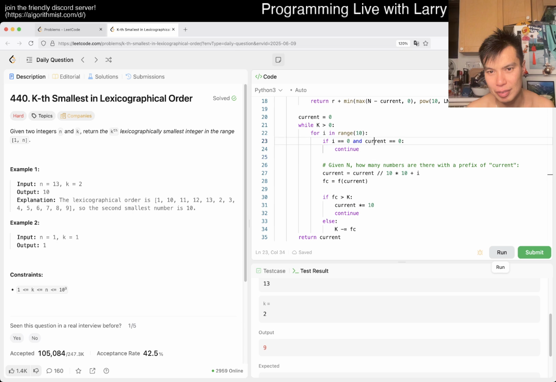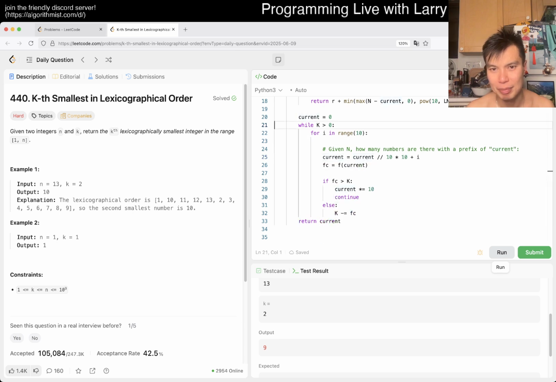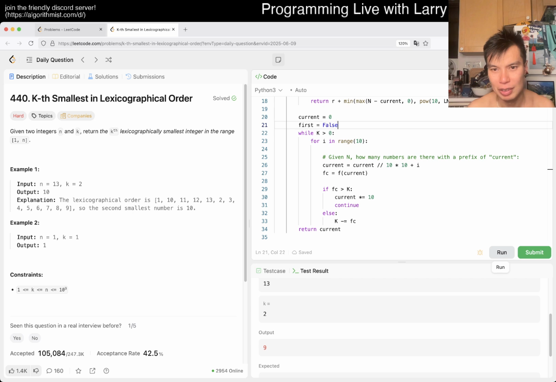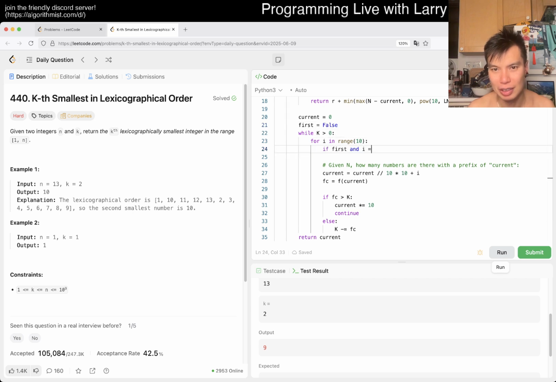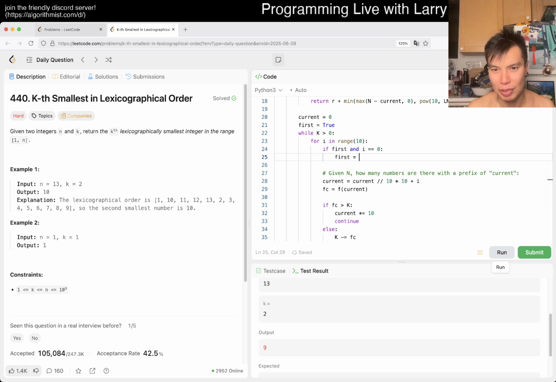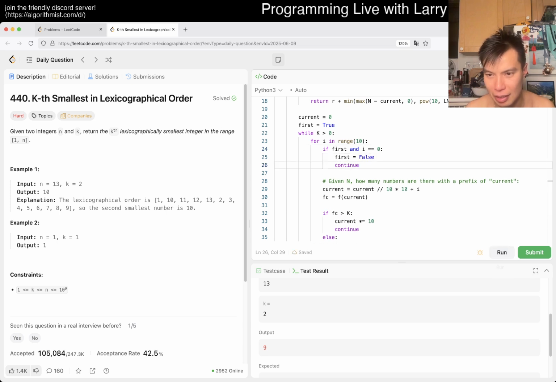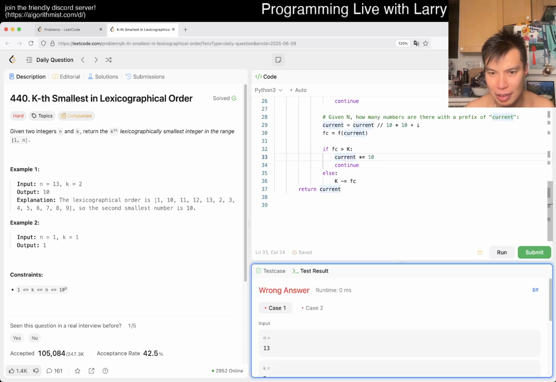I don't know if this is even right, but let's just say first is equal to false. If first and i is equal to 0, oops, it's true, then first is false, continue, whatever, something like that. I don't even think this is quite right, actually.